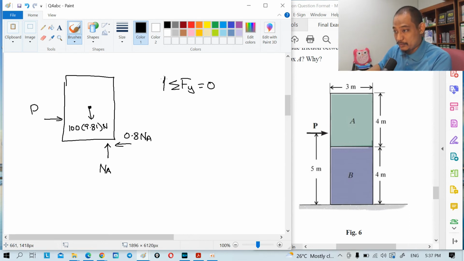Taking positive upwards, N_A minus 100 times 9.81 equals 0, so N_A equals 981 Newton.